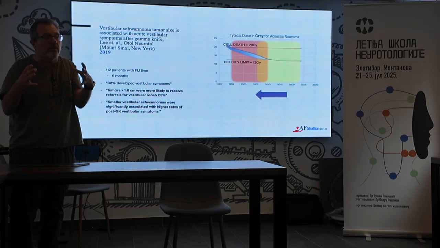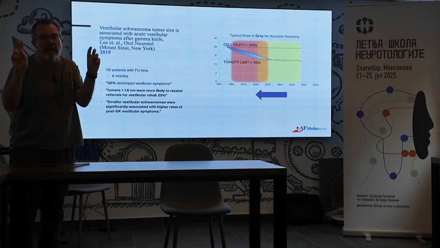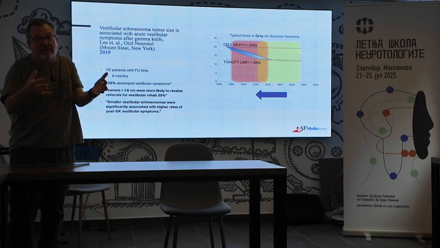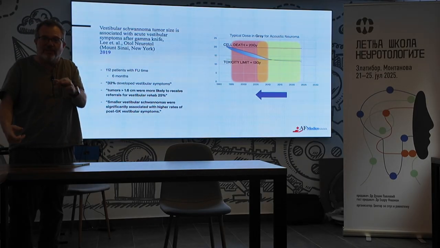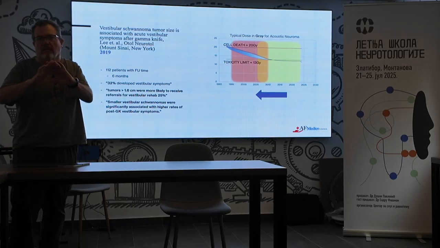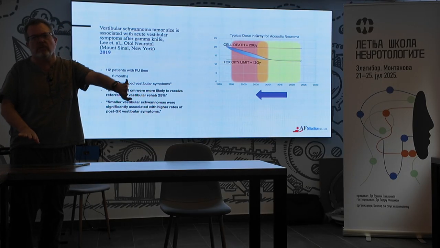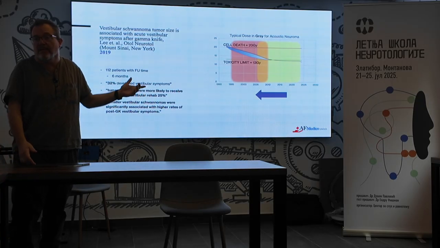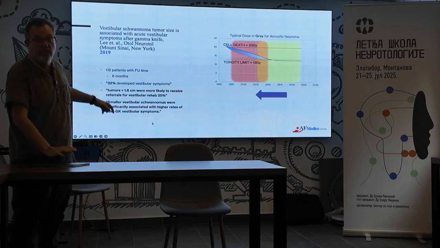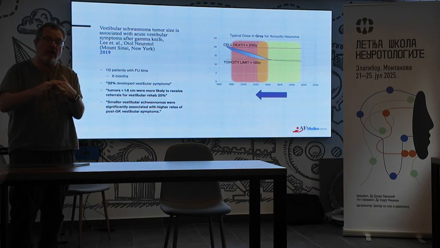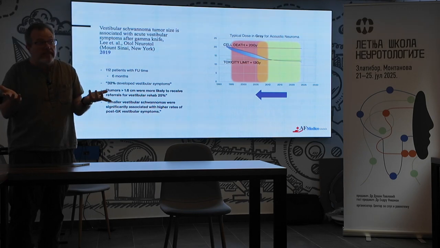So the bigger the tumor is, a lot of death or loss of strength has already occurred, and the patient has compensated. So the small tumors are often said, oh, you know, don't have any surgery, this is little, we'll just give you a Gamma knife, forget about it, you know, you'll be fine. Well, about a third of them are going to get new vestibular symptoms. They're going to get radiation stuck to the facial nerve.